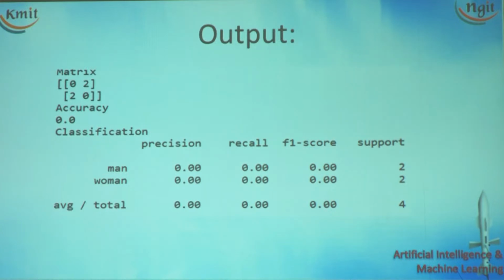If you have 500 men in the data set and only 20 women, then it is imbalanced. If you fit a model on that, you cannot predict properly. So how to handle an imbalanced data set is another research area.